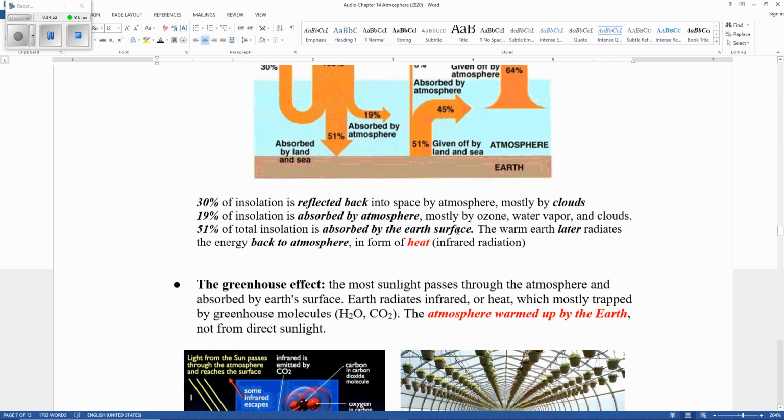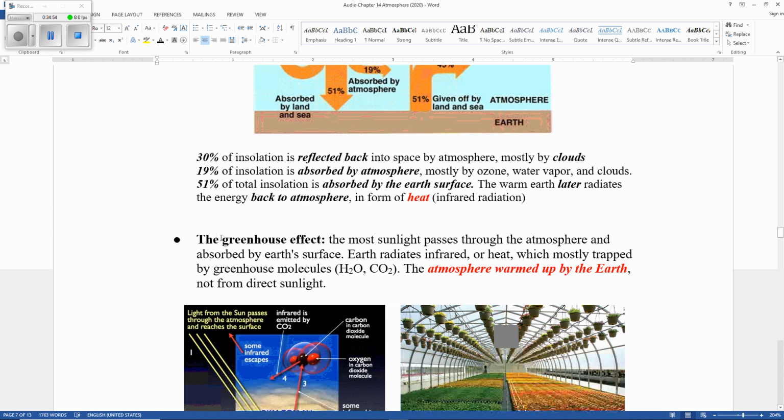So I want you to remember the conclusion. It's very important. That's called the greenhouse effect. Most sunlight passes through the atmosphere and is absorbed by Earth's surface. Then later the Earth radiates, gives off infrared, or heat, which is mostly trapped by greenhouse molecules.